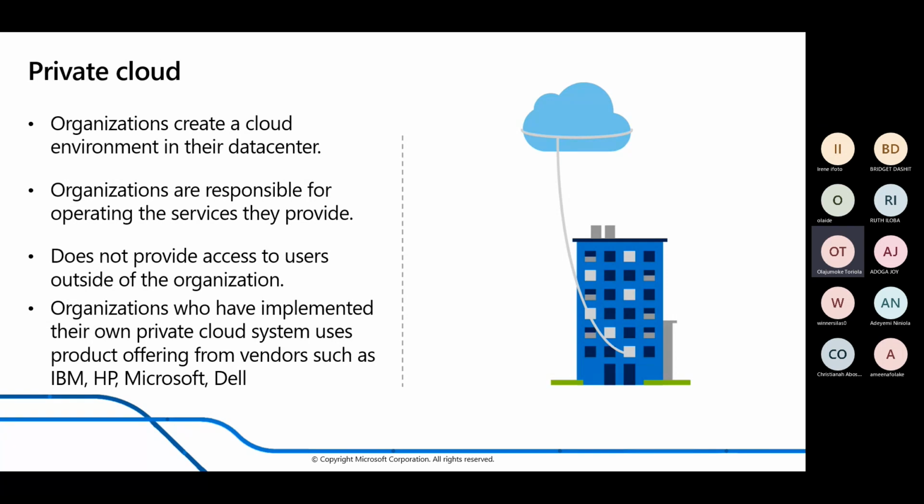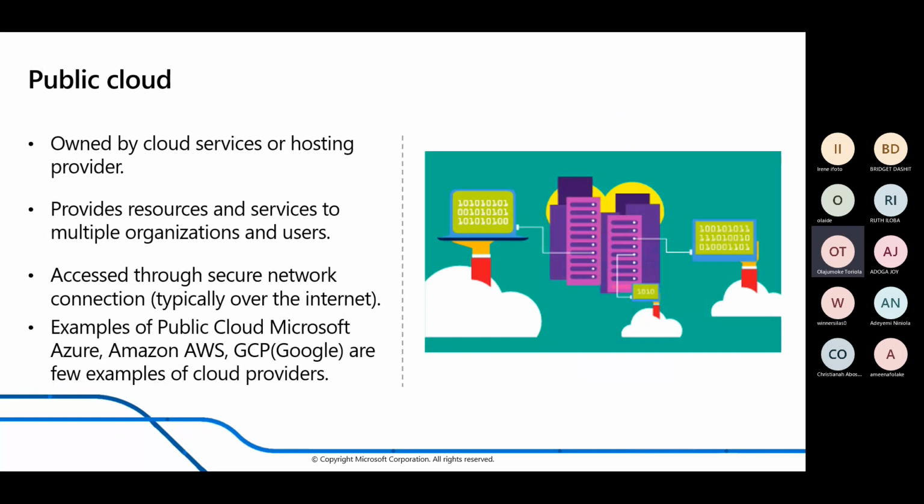So again, let's talk about public cloud. On public cloud, everything runs on your cloud provider. In this case, you are talking about the hosting provider, which can be Microsoft, Google, Amazon, or Citrix.